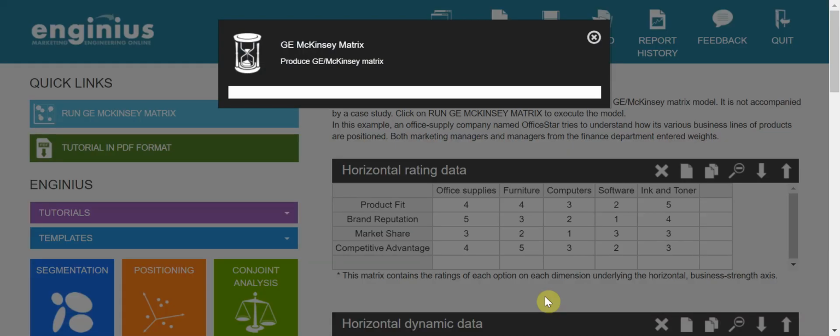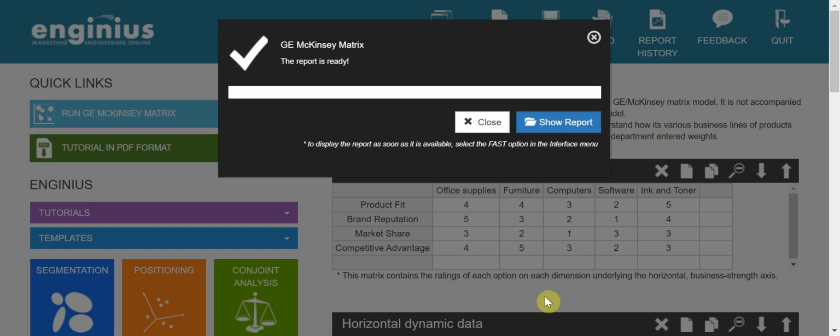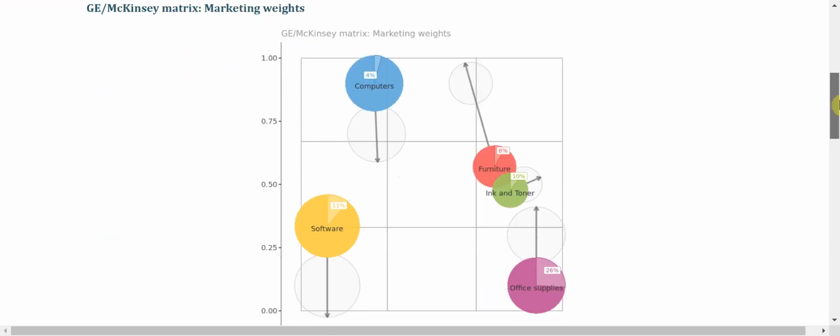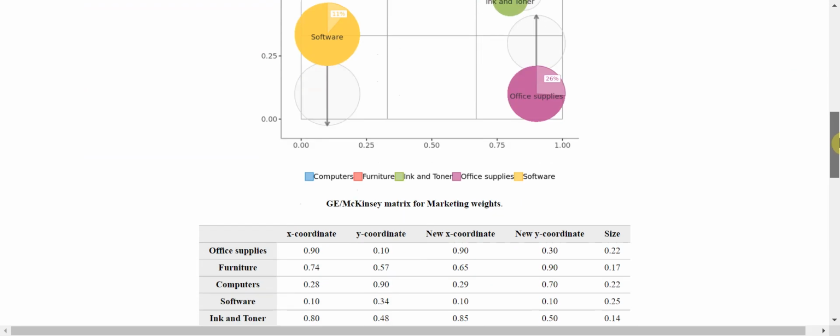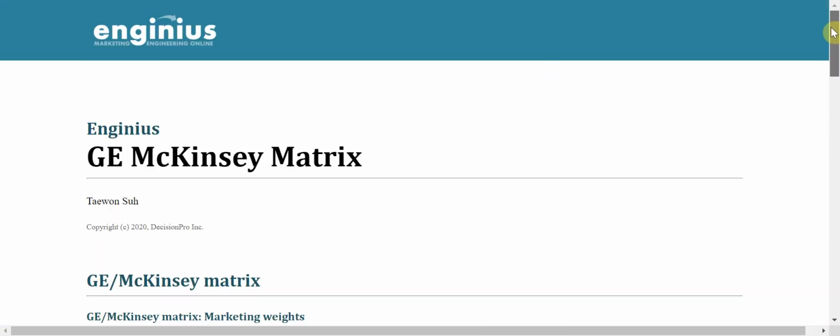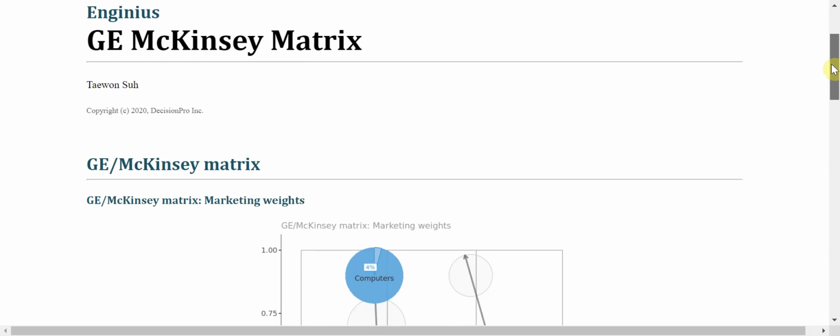It's a cloud system, so they are using their server to make all the analysis. So show me the report. Yeah, this is the report. Some visualization, great. Let me briefly explain the result from the GE McKinsey Matrix analysis.